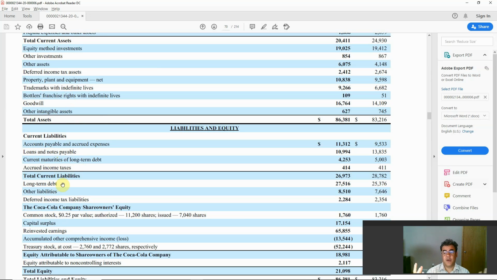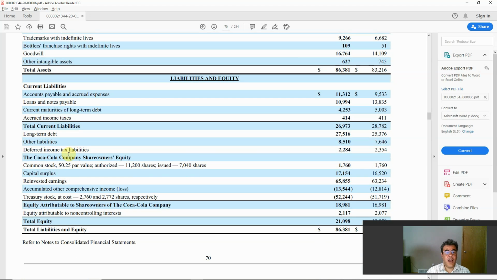However, let's think about a mortgage. Mortgages usually are 15, 20, or 30 years. However, I pay it monthly. So this is the first year and then the remaining years. Income taxes, and we have the total of our current liabilities and then the non-current or long-term liabilities, long-term debt, also other liabilities, and deferred income taxes.